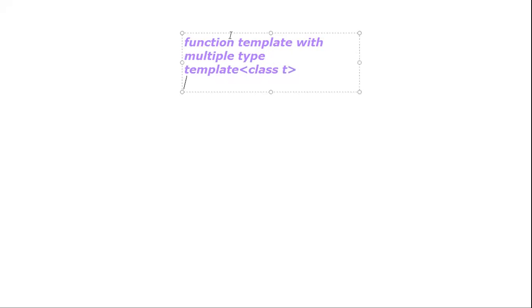We have seen like this. So now multiple types means here we are going to have two templates, multiple templates. Class T1, yeah, right. So this is what the function templates with multiple types are.